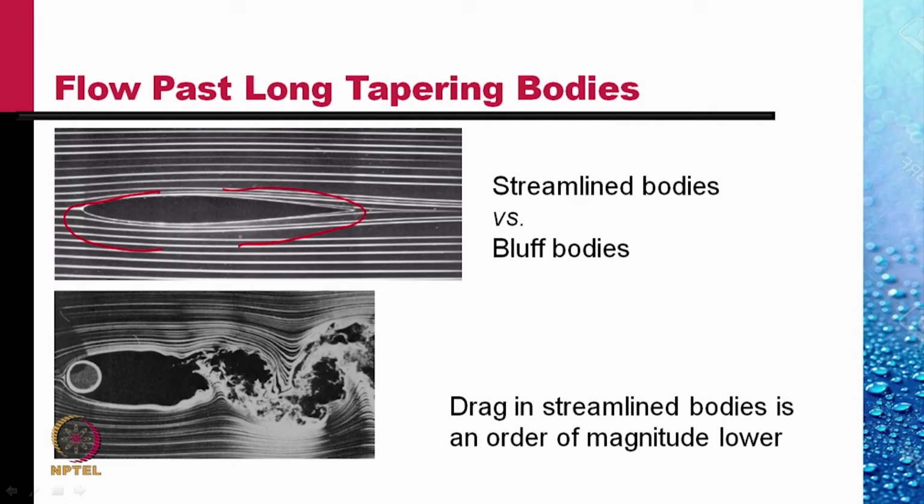And so these pressure differences cancel out and we have low drag. In the second case, the pressures in the front of the body are much larger than pressures at the back. And so there is a large drag. Drag of a streamlined body is an order of magnitude lower.